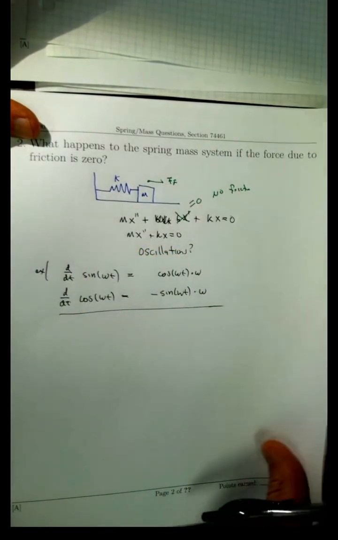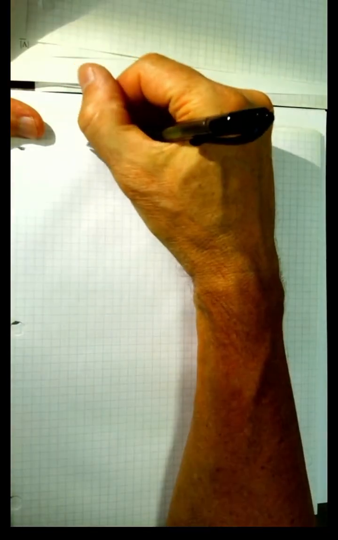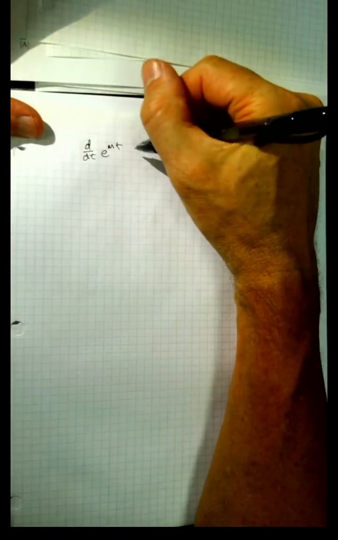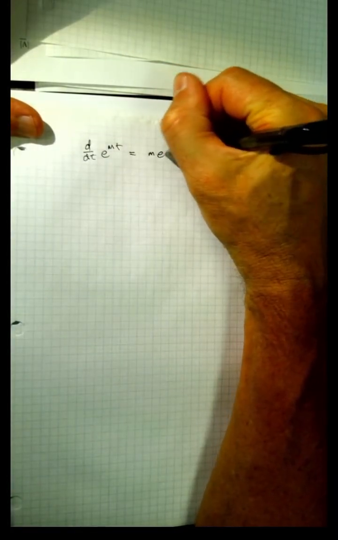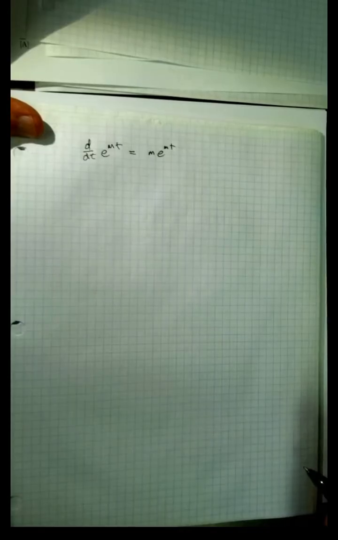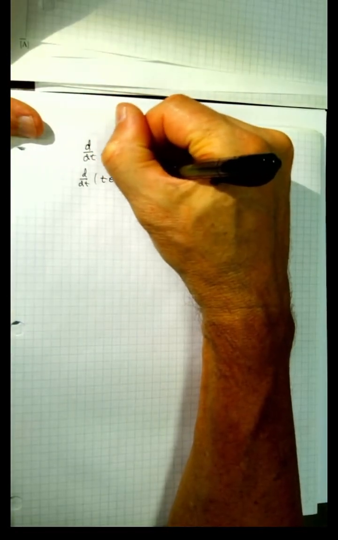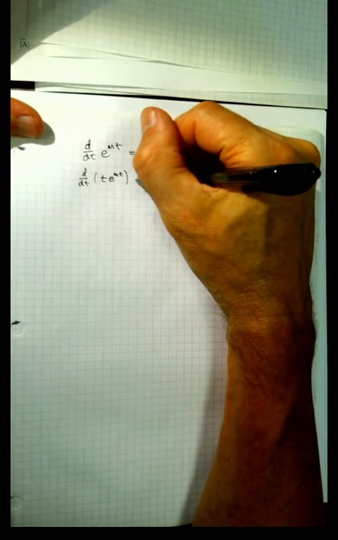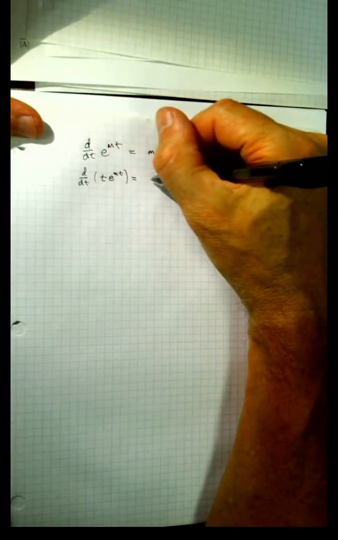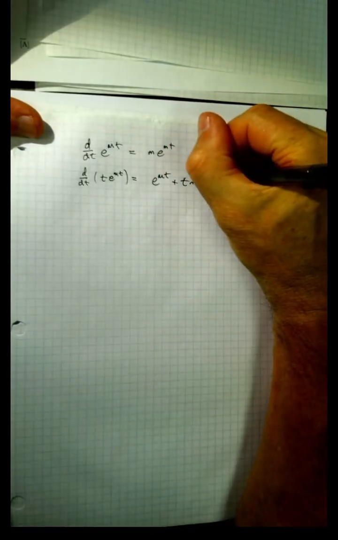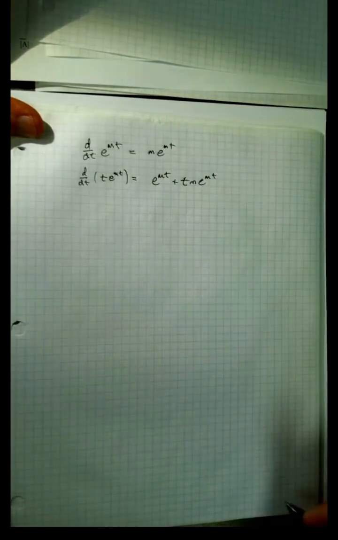By the way, this is going to be useful later. Suppose I have e to the mt, where m is a constant. If I take the derivative of that, I'm just going to get e to the mt times m. If I have t times e to the mt, from the product rule, it's going to be the derivative of the first, which is 1, times the second, plus t times the derivative of e to the mt, which we just said was that.